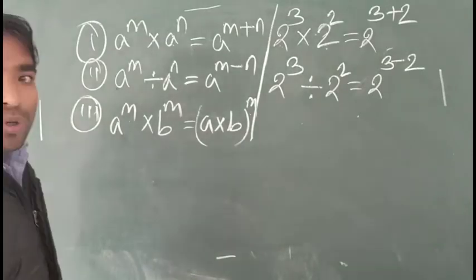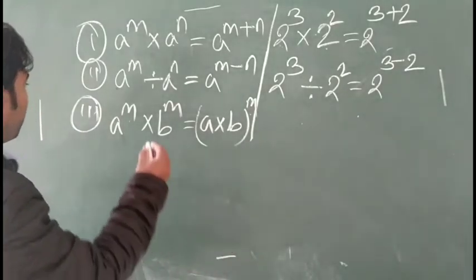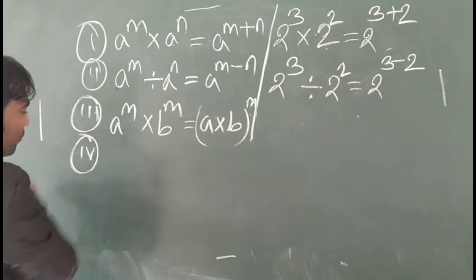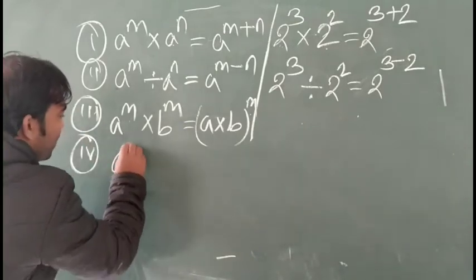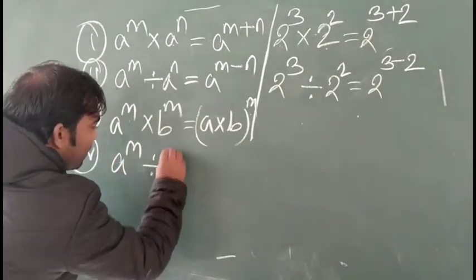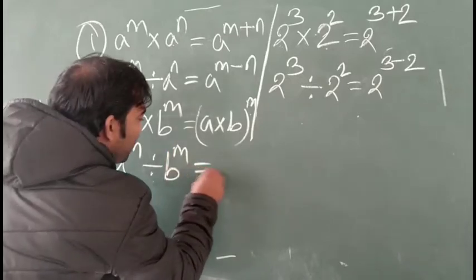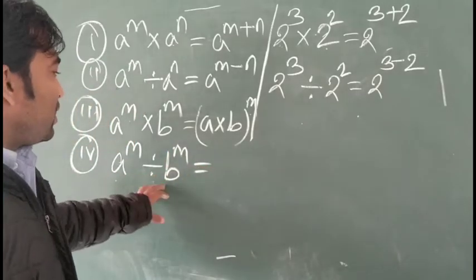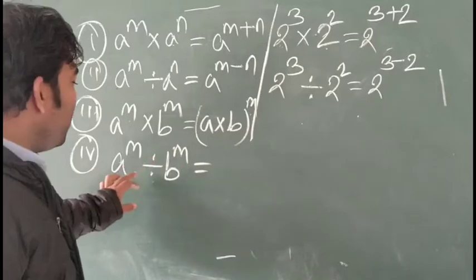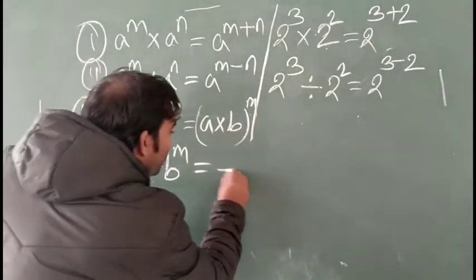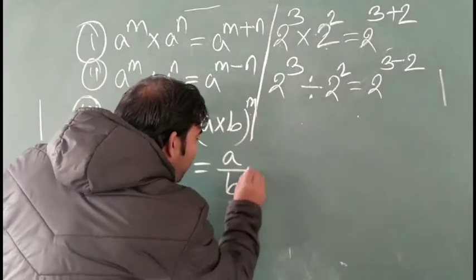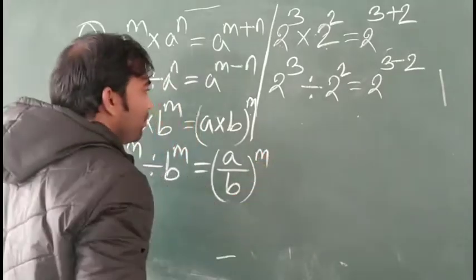The same case happens when a to the power m is divided by b to the power m. Again the bases are not the same, but the powers are the same and in between there is division. So then it will be a divided by b whole to the power m.